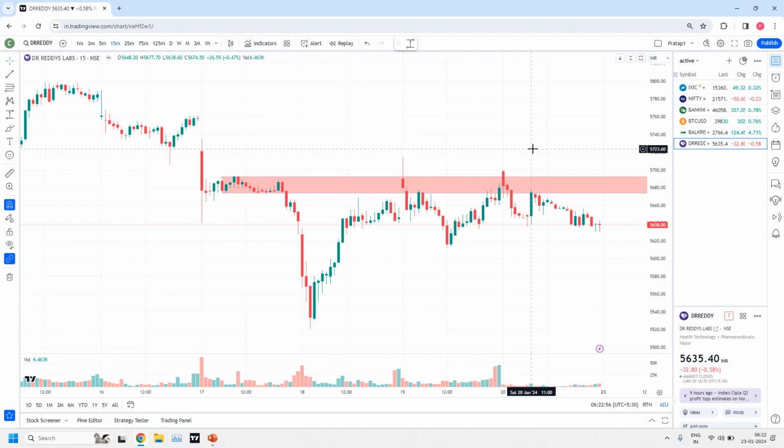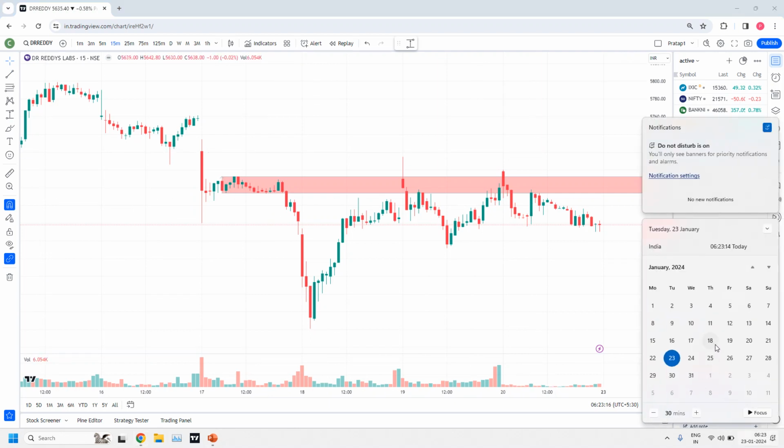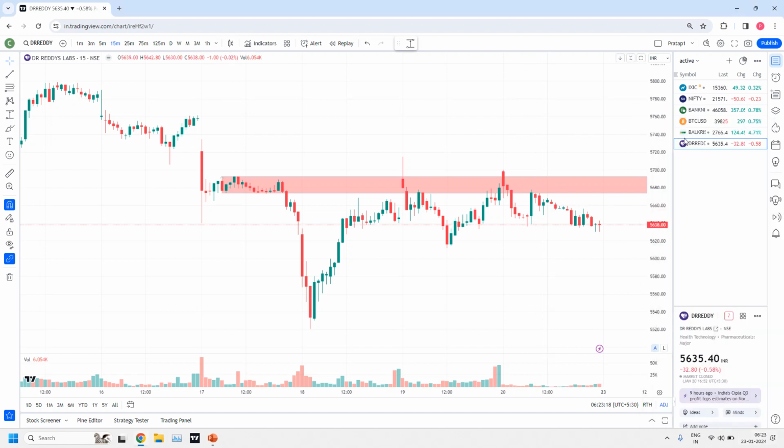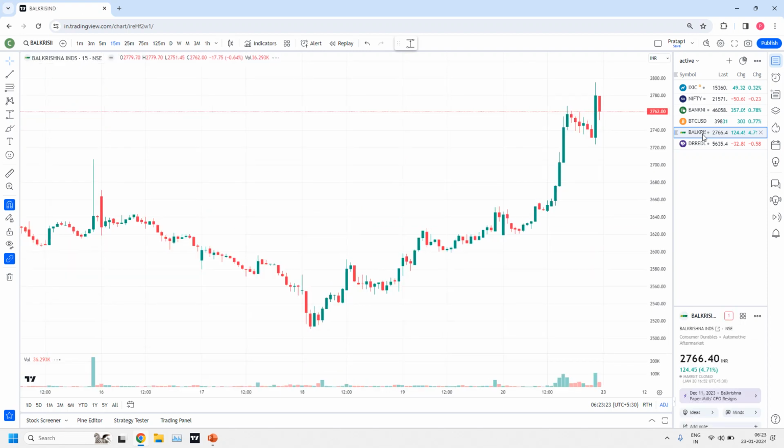Recently, I think last Thursday, if I am not wrong, on 18th, the last Thursday, we took an excellent trade on Balakrishna Industries. This is a W80 trade, a weekly income trade.